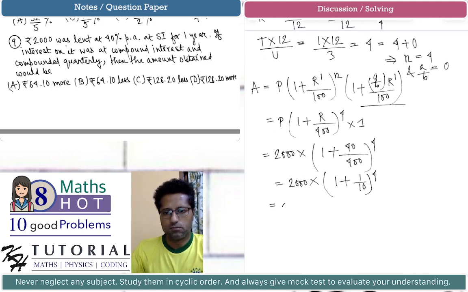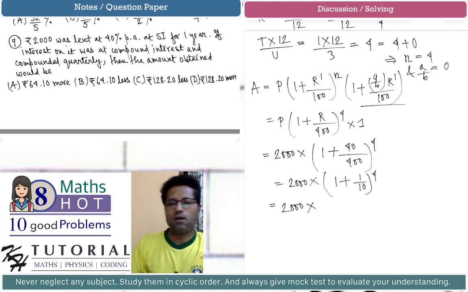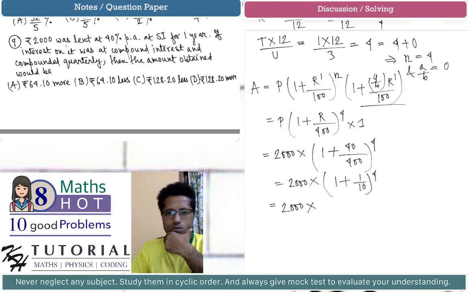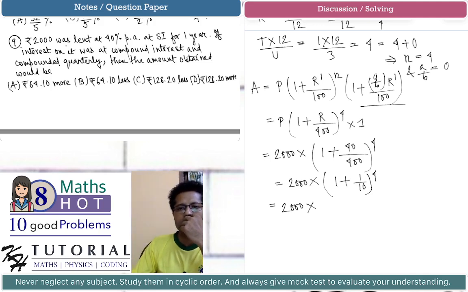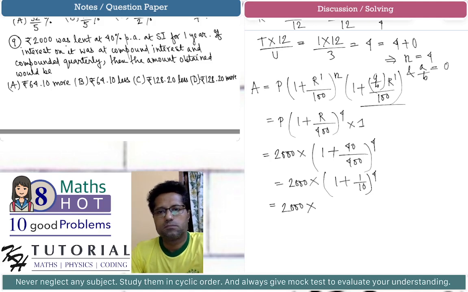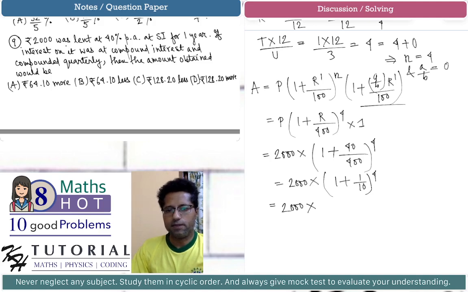This is equal to 2000 multiplied by 1 plus 1 by 10, quarterly, okay. One plus 1 by 10 is 11 by 10.